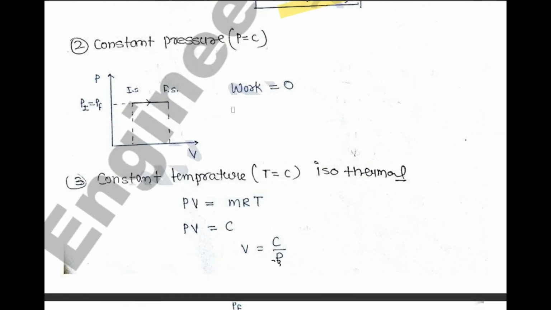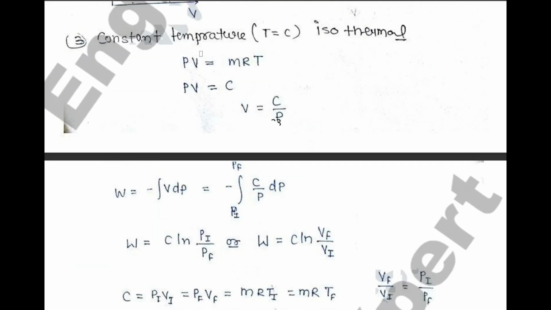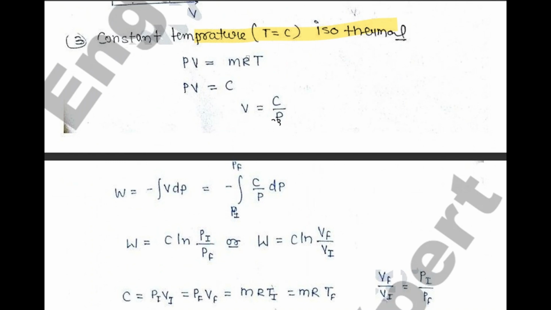In the isochoric process, it is simple to find, and if you integrate, this will be the final result. At constant pressure, the work is zero, just as in the constant volume process in a closed system the work was zero. For constant temperature, the procedure is quite similar to the closed system work.